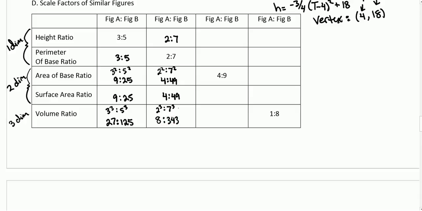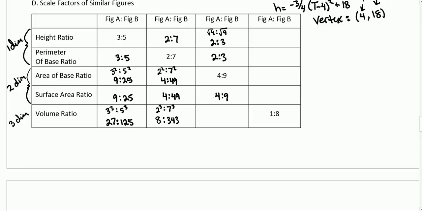In the third column, we have area of base ratio 4 to 9, so the surface area ratio is also going to be 4 to 9, because those are two-dimensional. To go from two-dimensional back to one-dimensional, you take the square root of 4 to the square root of 9, which is going to be 2 to 3.